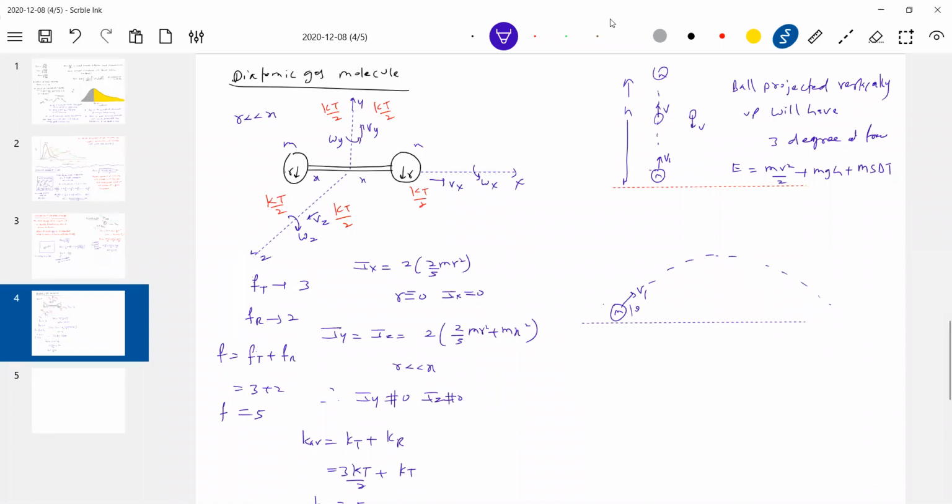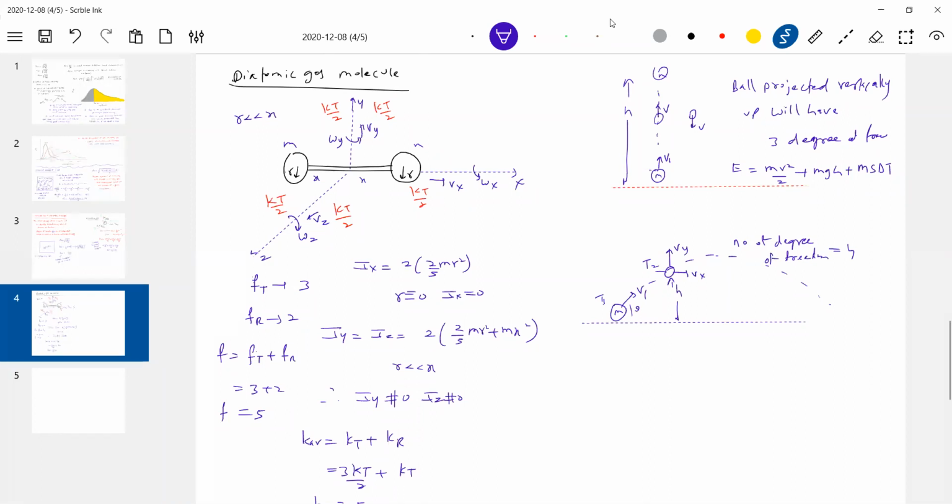Anybody? 4. 4 degrees of freedom, no? Temperature will increase from T1 to T2. So this is the way to count the number of degrees of freedom.